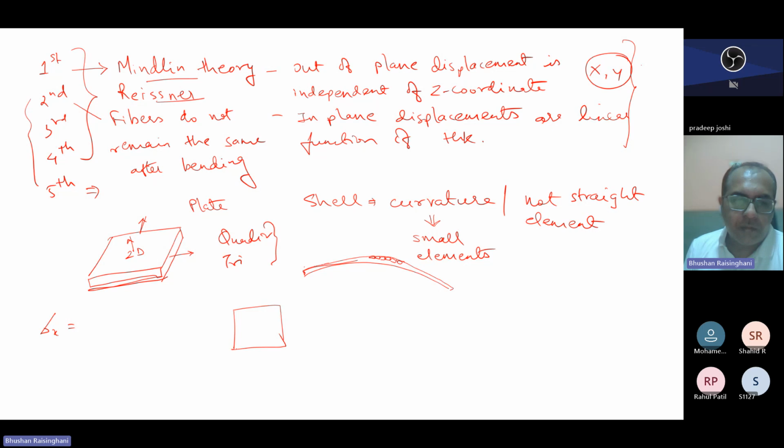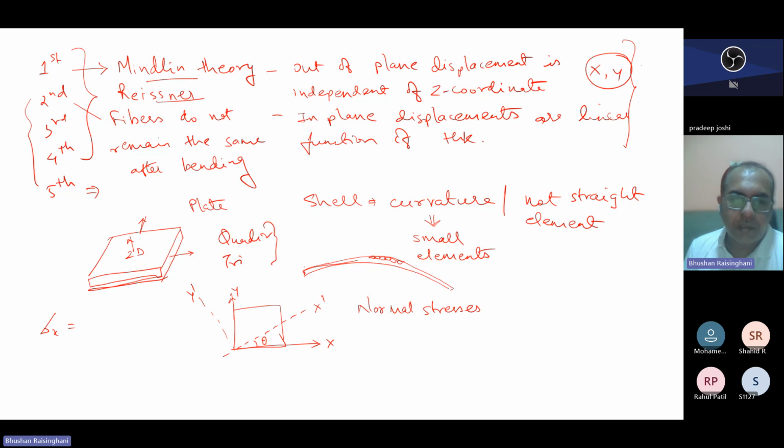So if I draw it over a plan, previously everything was like this. Now I am having a different plane on which I need to find the forces, which is at an angle of theta. Right now it was x and y like this. Now it is having x dash and y dash. So these are called the normal stresses.